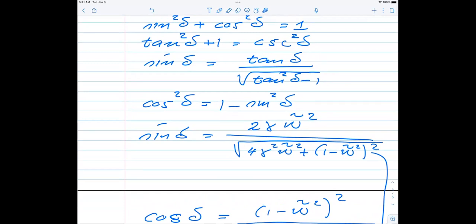You think about the cosine square? This one, right? This one? That one?